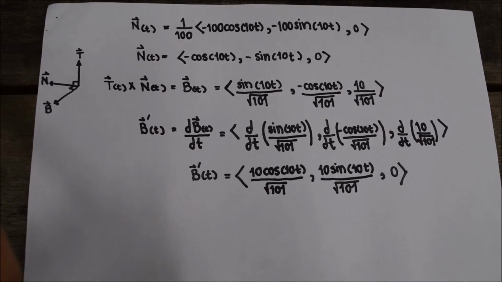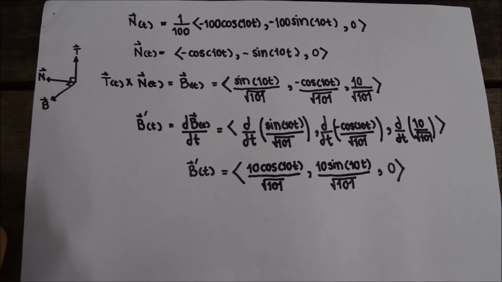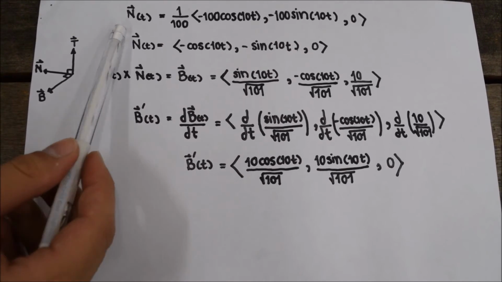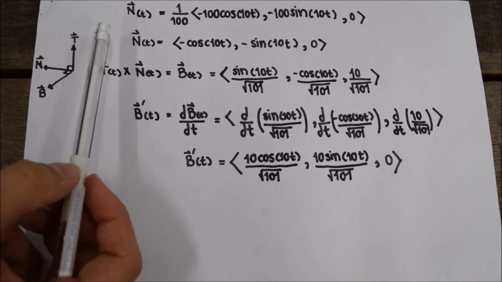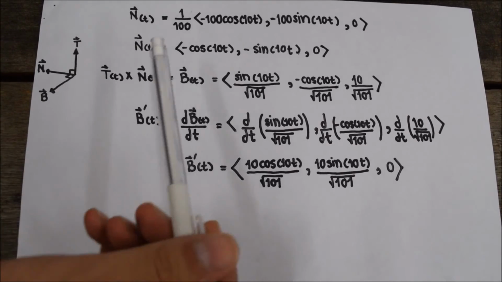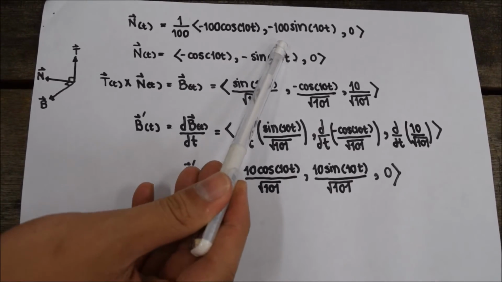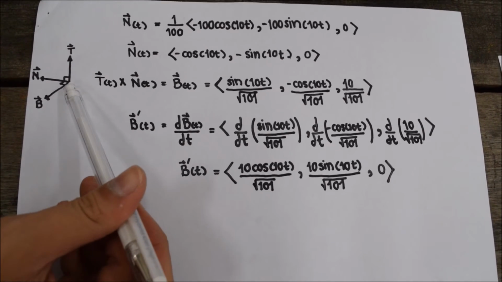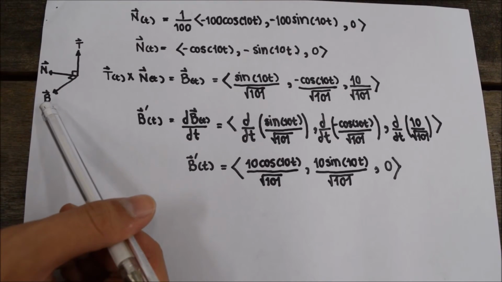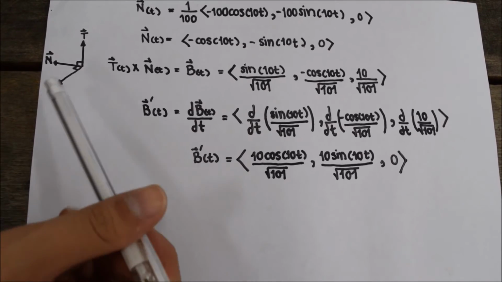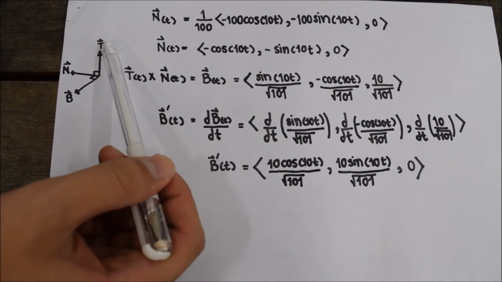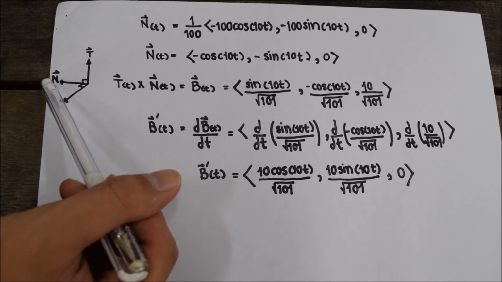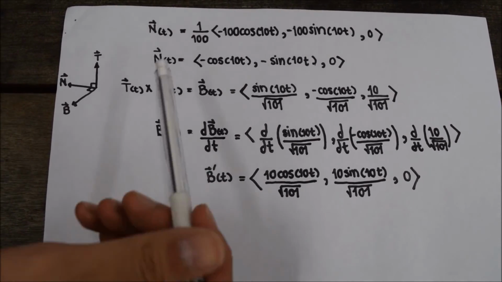We can also rewrite the acceleration in terms of N. N is the unit normal vector. N represents the direction of acceleration and is equal to this vector. In 3 dimensions, we can find the unit binormal vector by using the unit tangent vector cross multiplied with the unit normal vector, following the right hand rule.